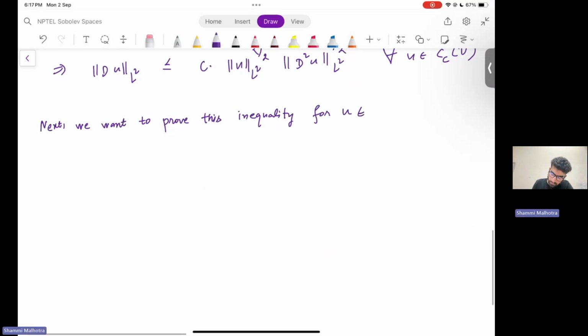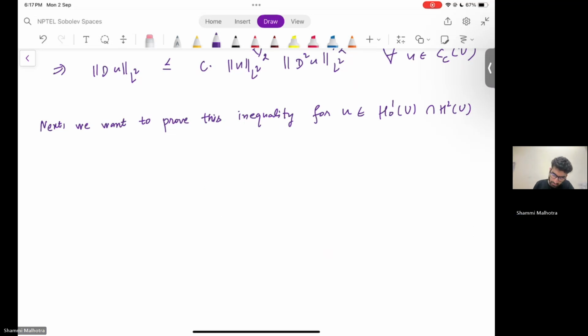for u in H naught 1 of U intersection H 2 of U, provided U has the property that it is bounded and moreover that del U is smooth, so the boundary is smooth. So the main idea here is that since del U is smooth, we can extend our Sobolev function without any hurdle.